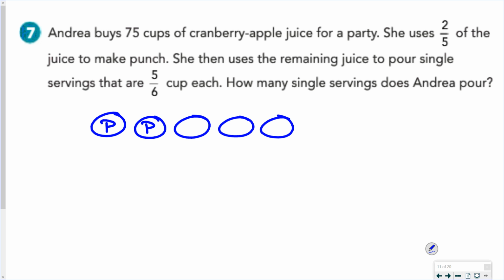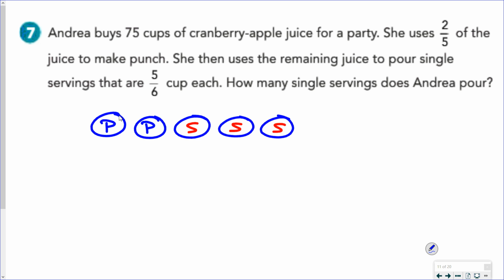So in the previous question, I had 96 highlighters. In this question, I have 75 cups of cranberry apple juice. I had 3/8 going to the English department. Here I have 2/5 of the juice making punch. And in the previous problem, I found that 5/8 went to the math department because there's 5 remaining boxes. So in this situation, we're going to have 3/5 going for those single servings because we have 3 circles left.